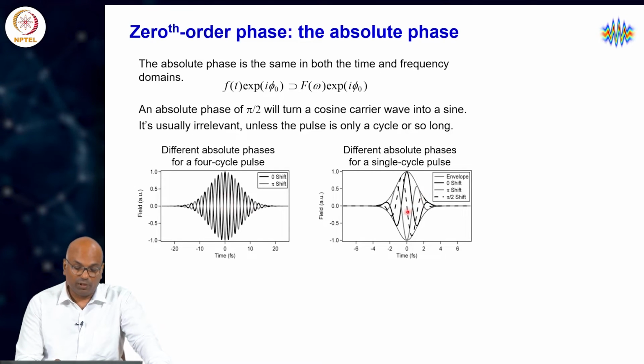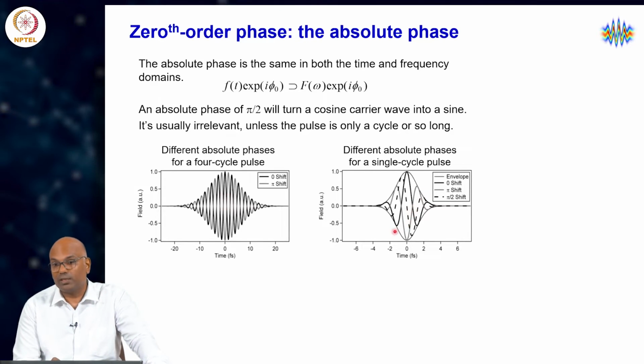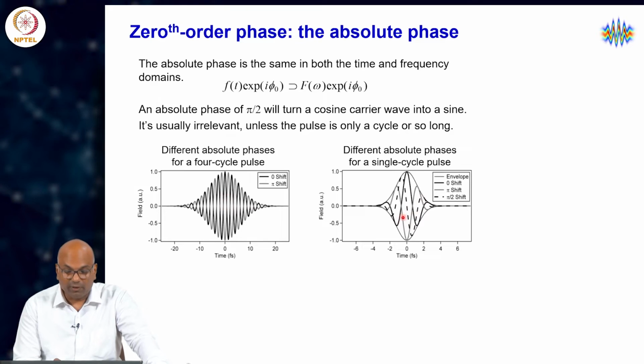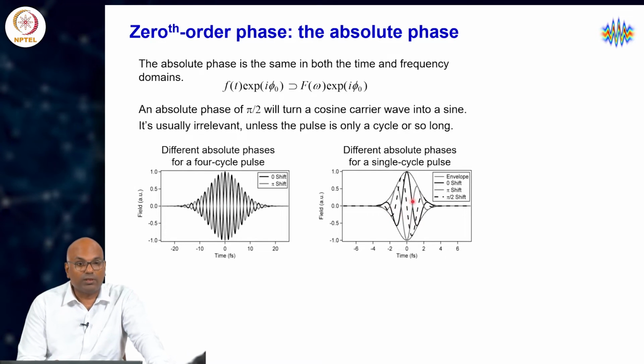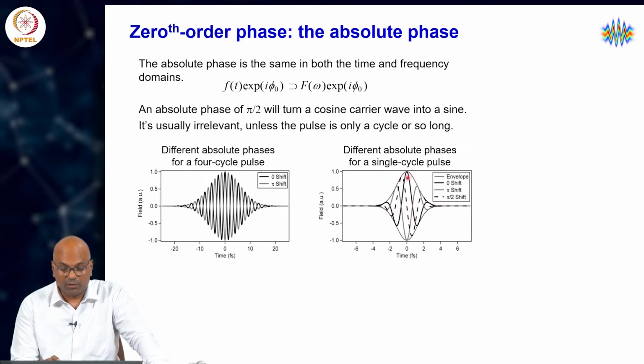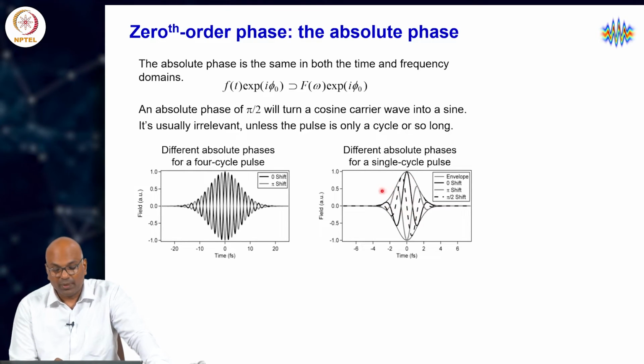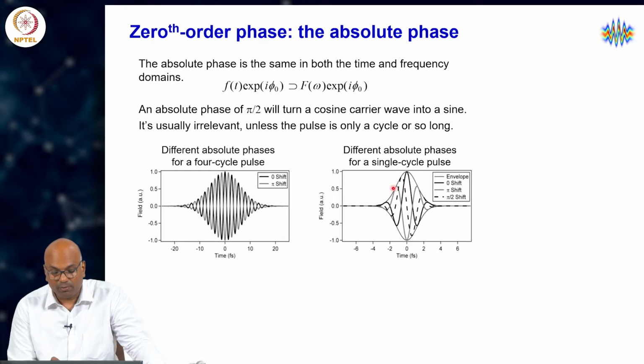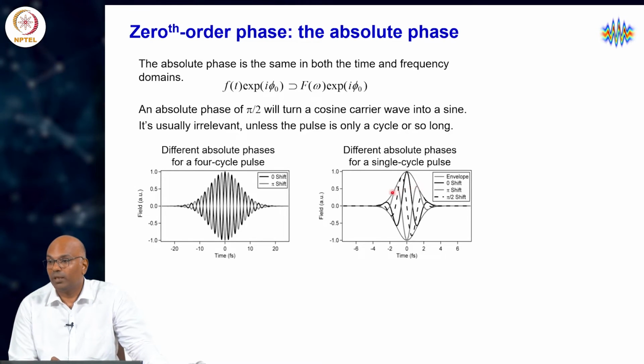The shape of the electric field, once again to emphasize, has tremendous meaning when we consider pulses which contain just a couple of cycles, or in this case even just one cycle underneath the envelope within the span of the full width at half max of the envelope.